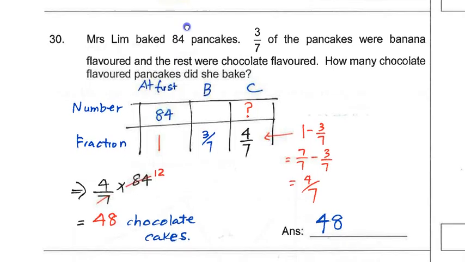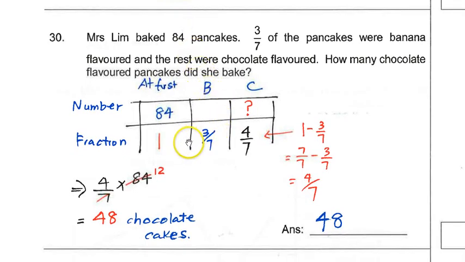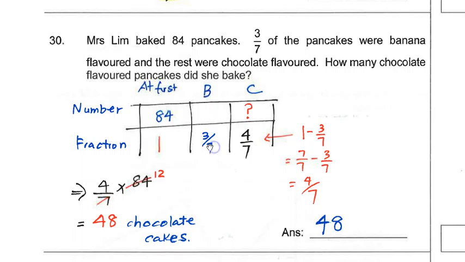Miss Slim baked 84 pancakes. 3/7 of the pancakes were banana flavored and the rest were chocolate flavored. How many chocolate flavored pancakes did she bake? Okay, take a look at this table. It's very useful. What I do is write the number part and the related fraction.